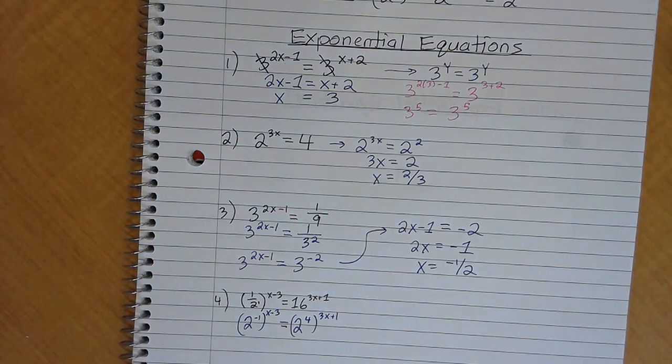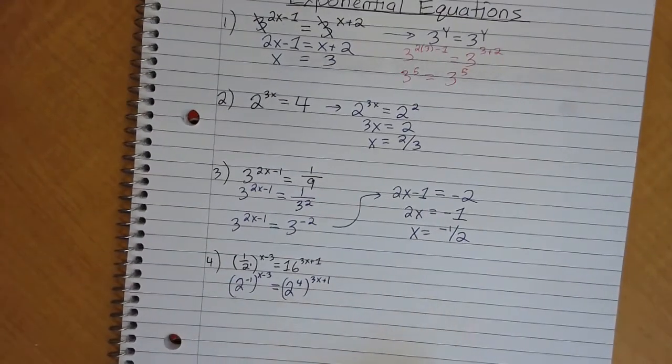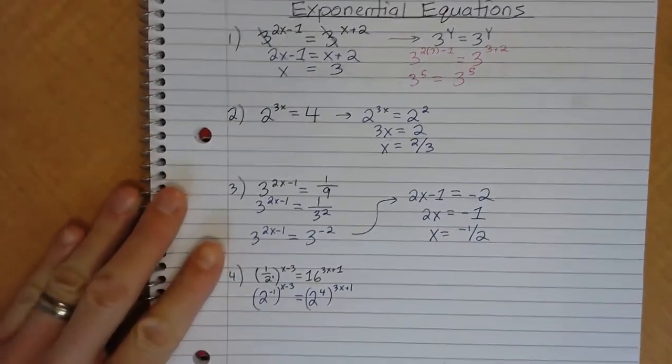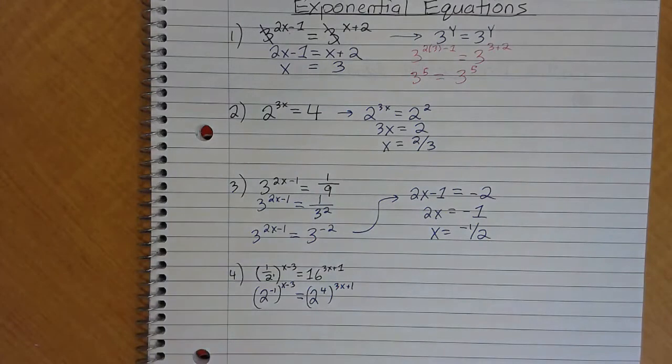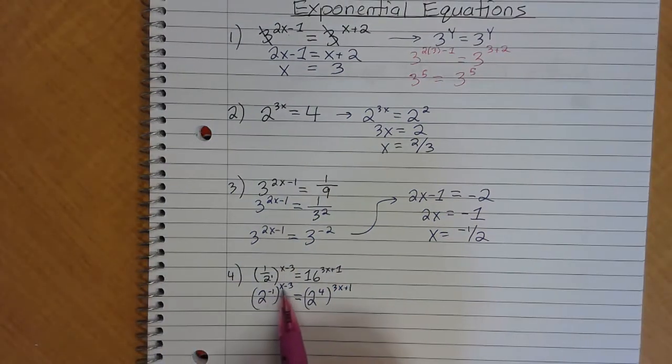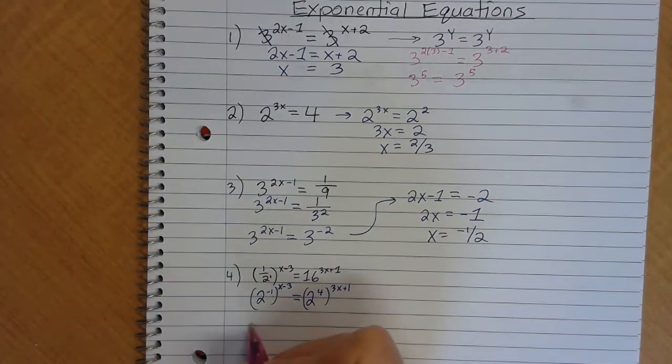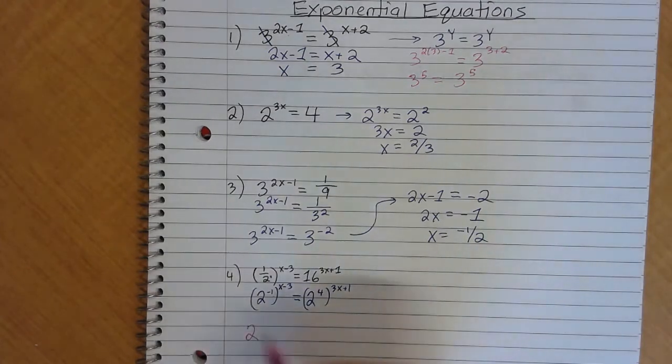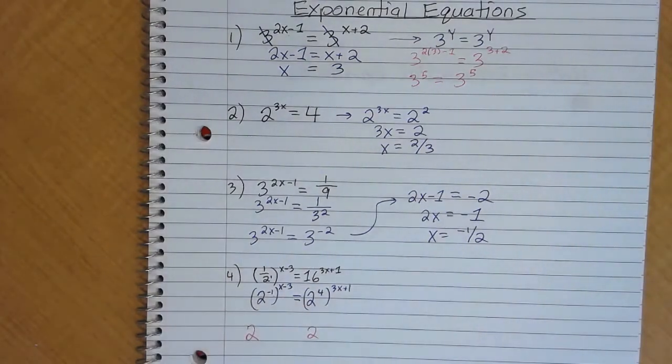So now we have an example where we're using powers to a power. So we have to then use the second exponent rule we mentioned above. So I'm going to need to do negative 1 times x minus 3 on the left side and use 4 times 3x plus 1 on the right side. But the 2's in the bottoms are not going to change. So I can even write those first if I wanted to.